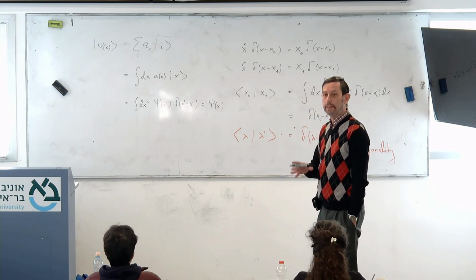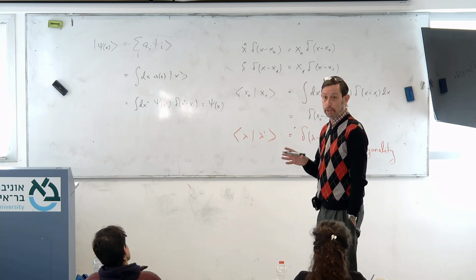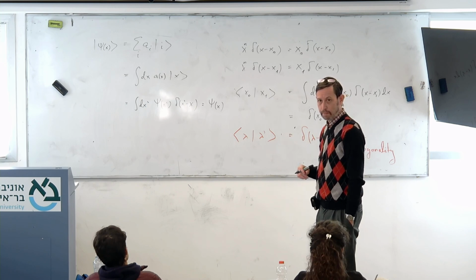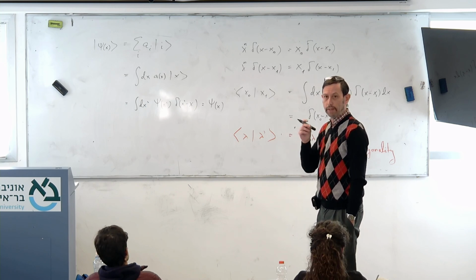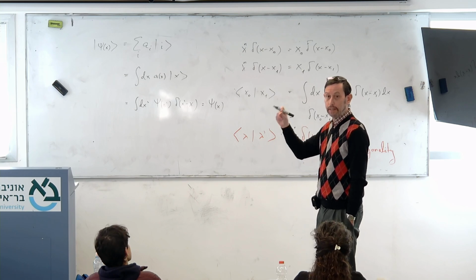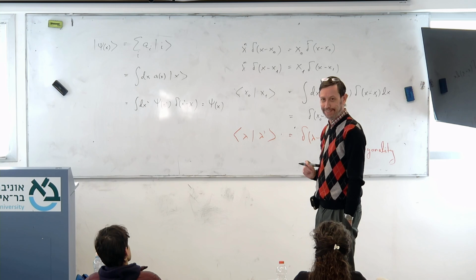So nothing special about the position representation, except that it's a continuum. And when we're writing psi of x, it's the amplitude of the delta function at position x.